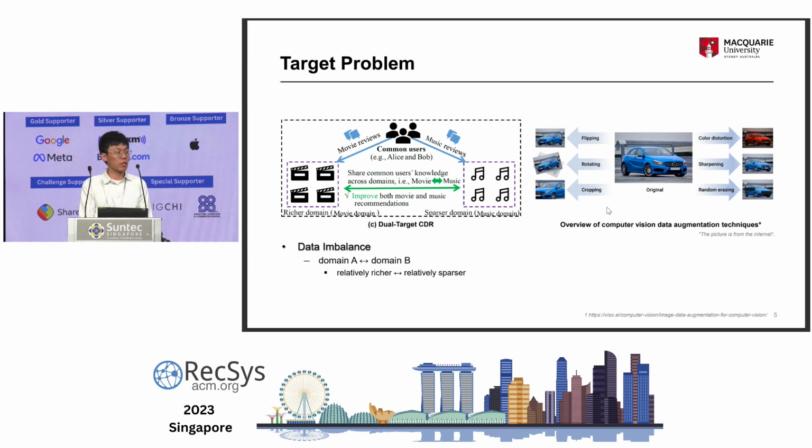So some researchers have already introduced data augmentation techniques, which are commonly used in the computer vision field, to mitigate the domain imbalance problem between the richer domain and the sparser domain. However, there are 2 types of methods.